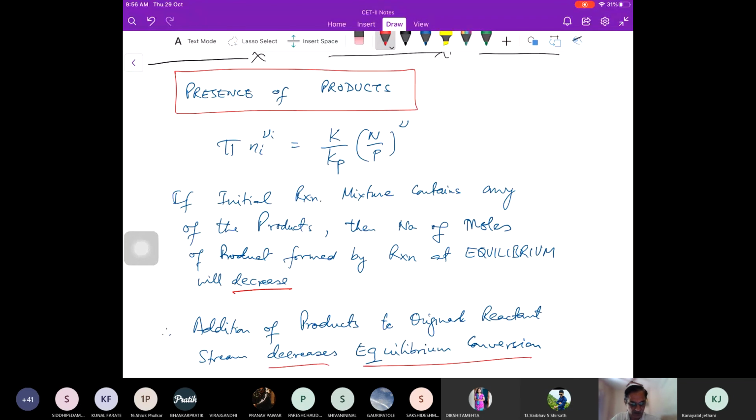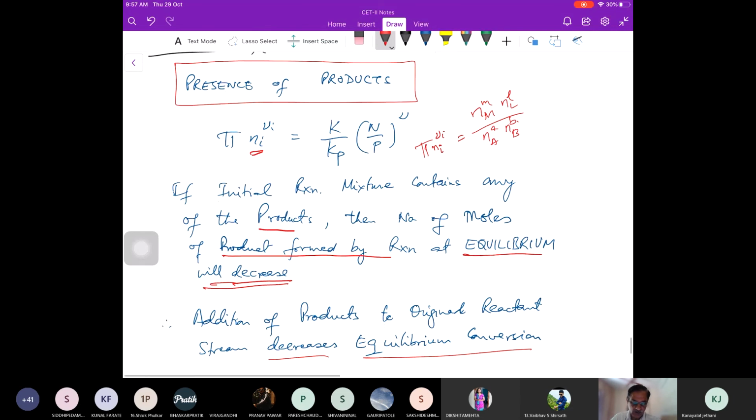If the initial reaction mixture contains any of the products, then the number of moles of product formed by reaction with equilibrium will decrease. ठीक है.